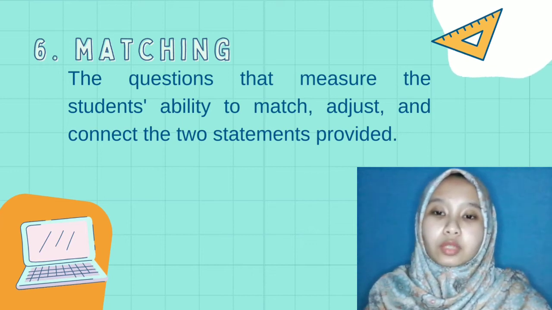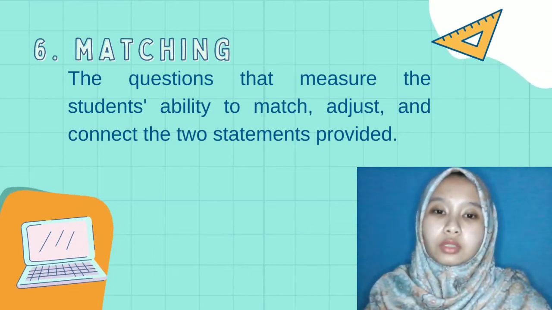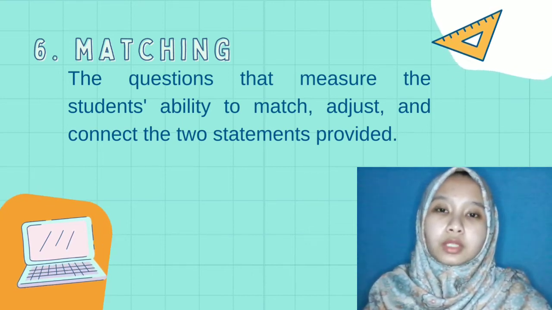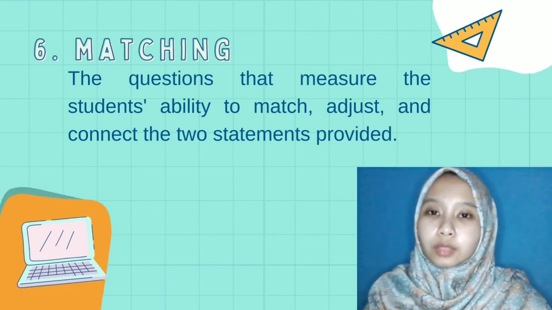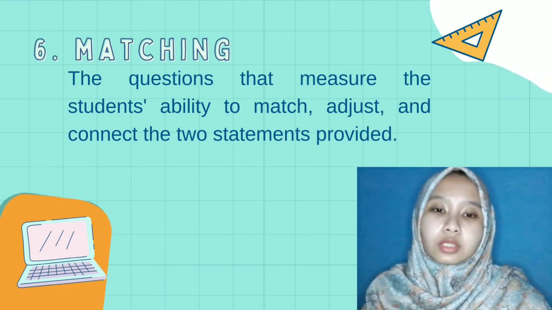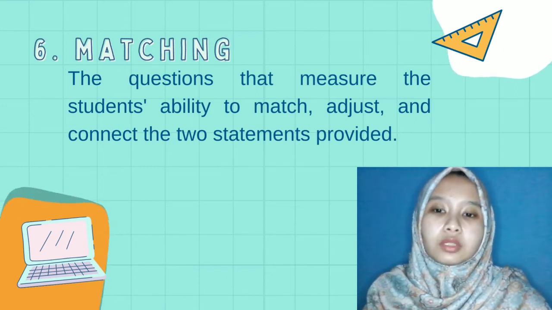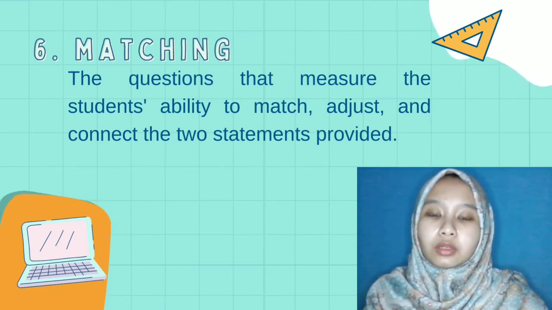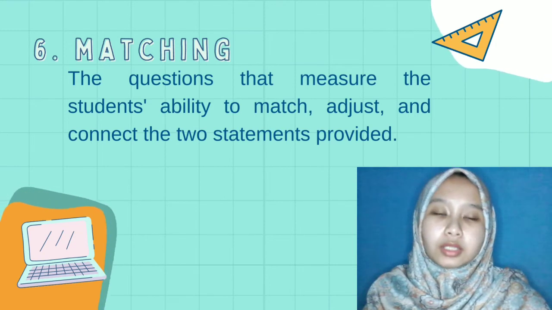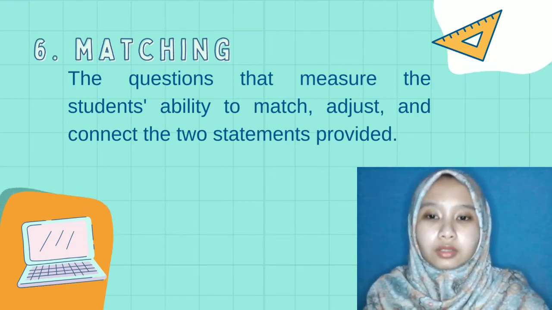Matching questions are questions that measure the student's ability to match, adjust, and connect the two statements provided. This question consists of two rows. The first row on the left is the subject matter, and the second row on the right is in the form of responses or answers.